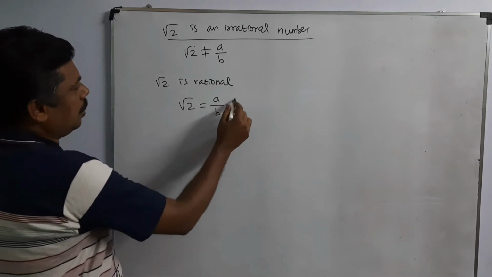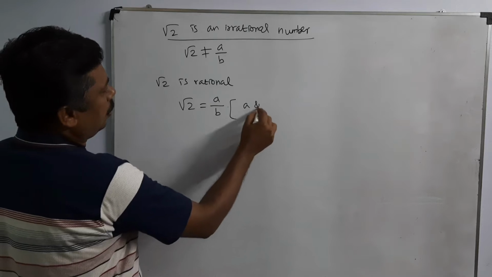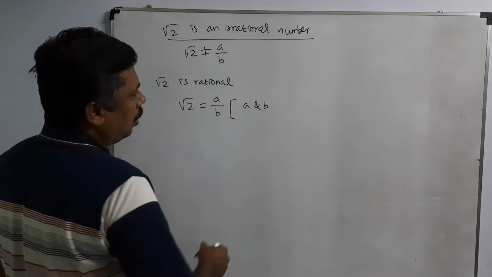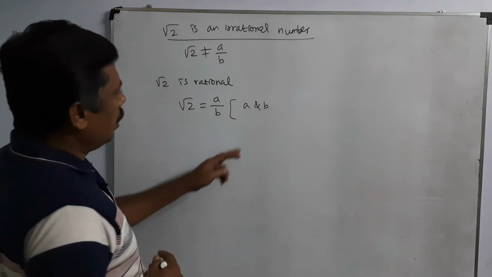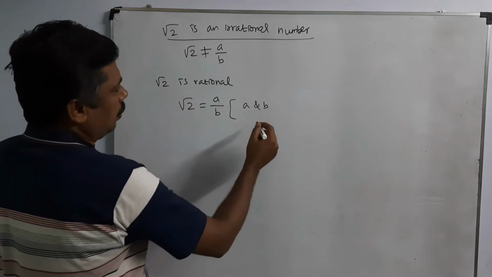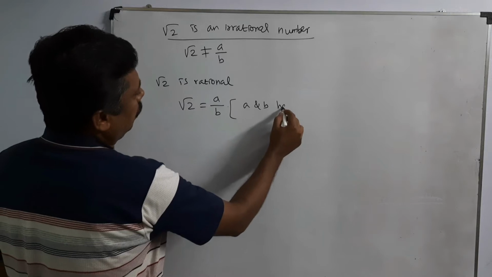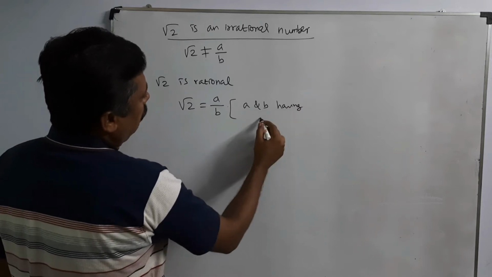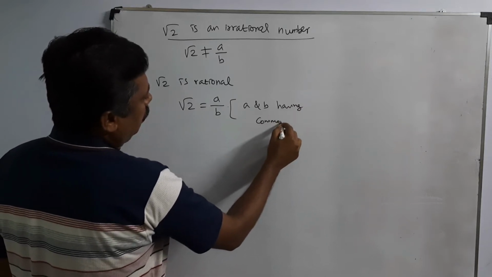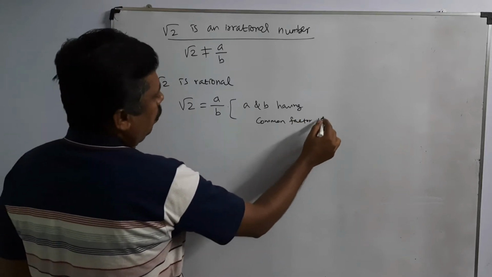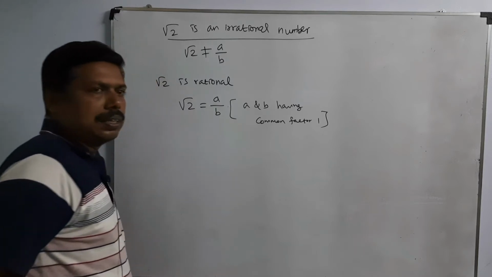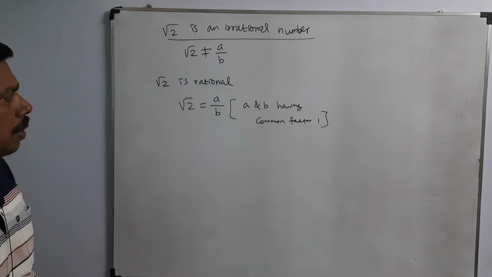Here, a by b means a and b have only the common factor 1.